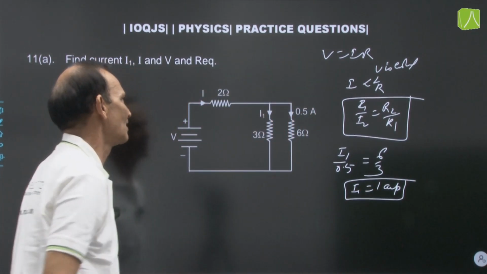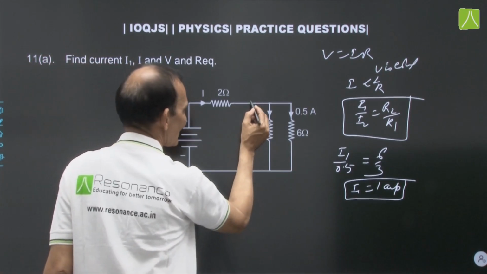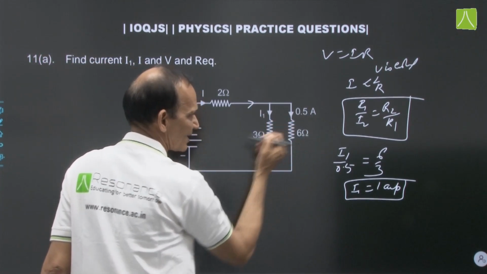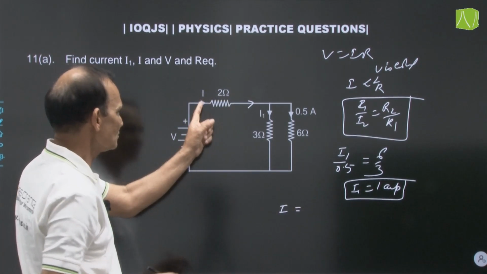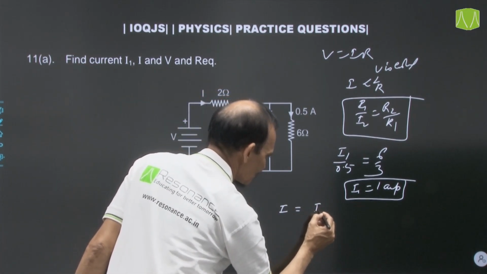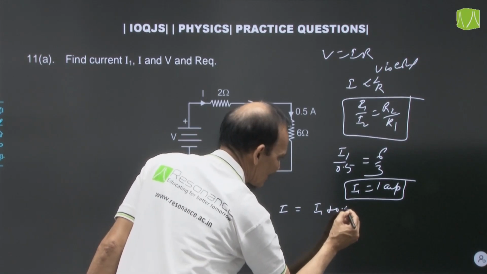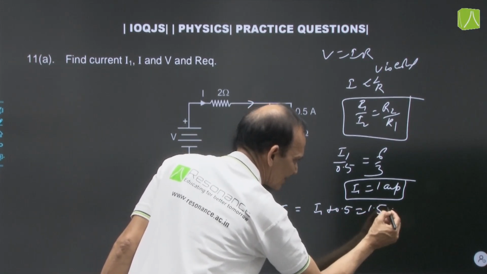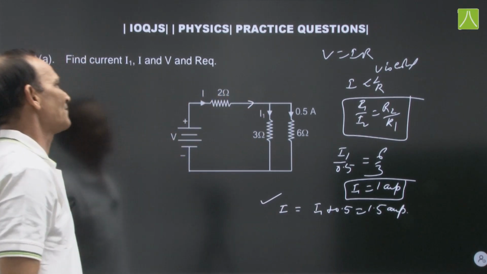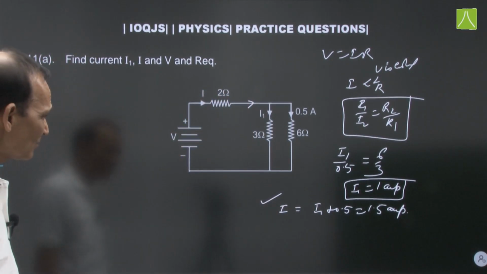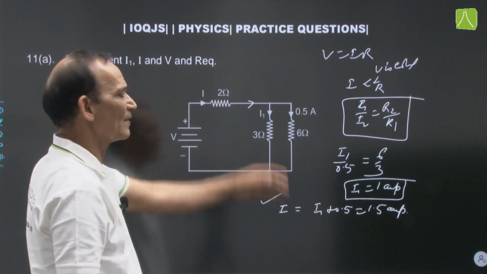I1 is 1 ampere. Now think about this I. I is divided into two parts, I1 and 0.5. So I will be equal to I1 plus 0.5. We have already calculated I1, so I will be 1.5.